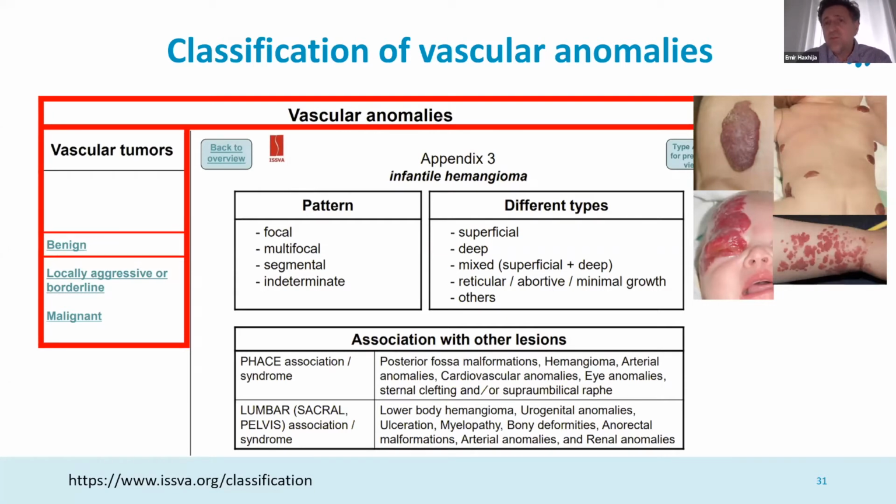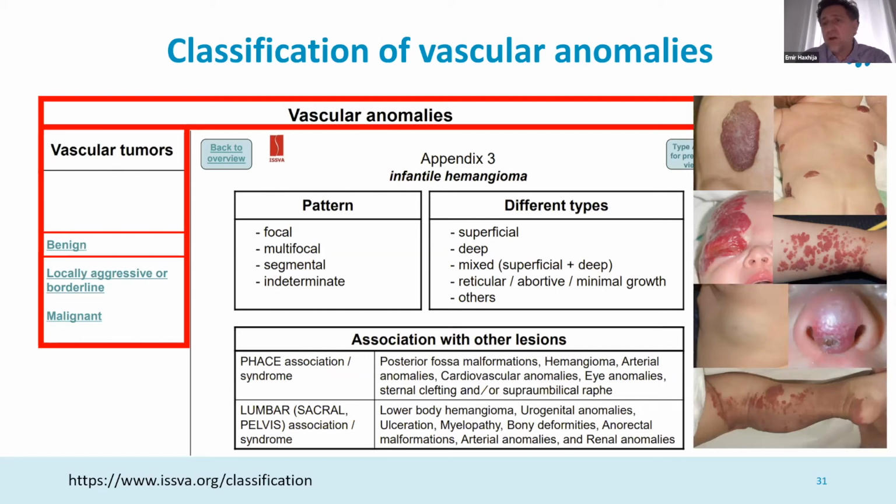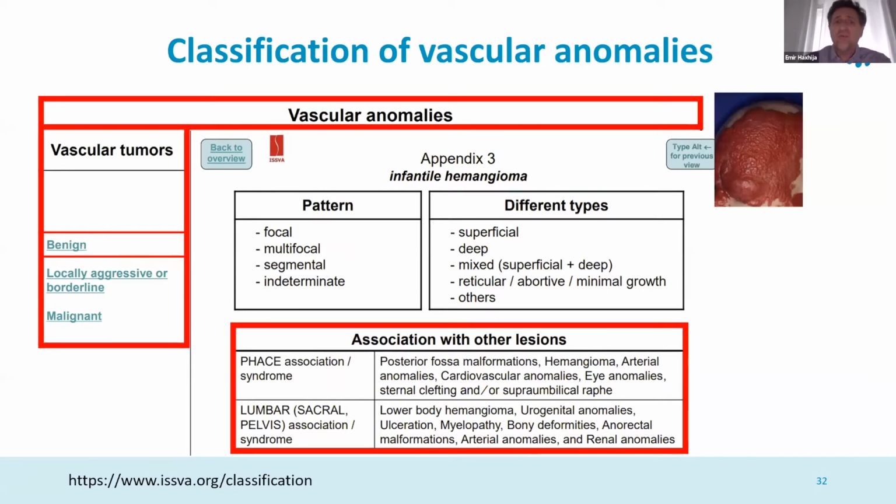And then also depending on whether they are only superficial or deep or mixed or even reticular or abortive hemangiomas, which show actually a very minimal postnatal growth and early regression. Here, you can also find the association of infantile hemangiomas with other lesions. They are defined into syndromes, actually.